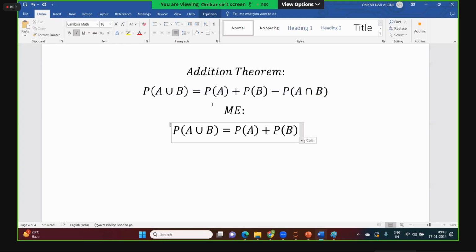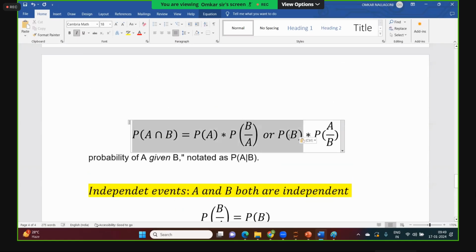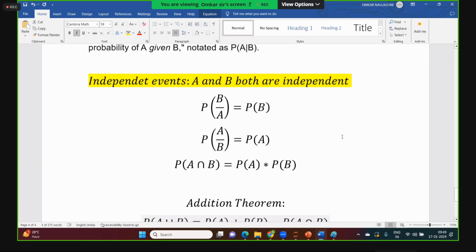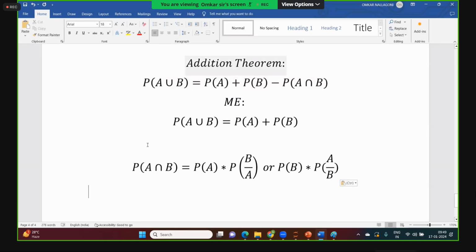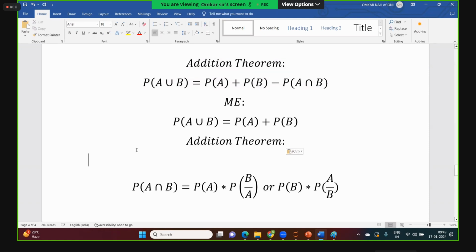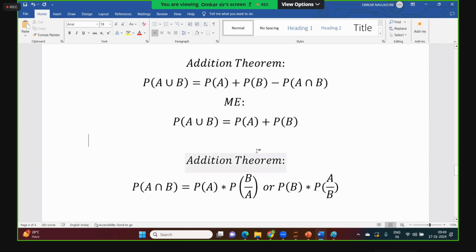Okay, next. Similarly, the multiplication theorem. So this is the multiplication theorem formula. What is the special case in that? Dependent and independent, right?